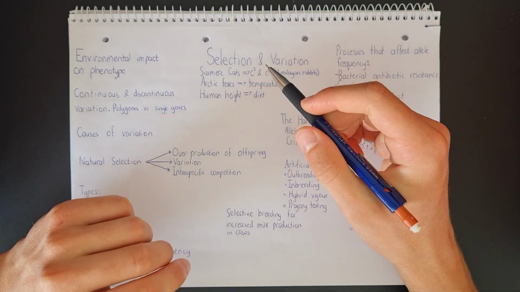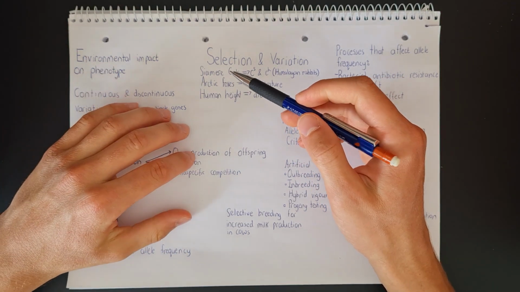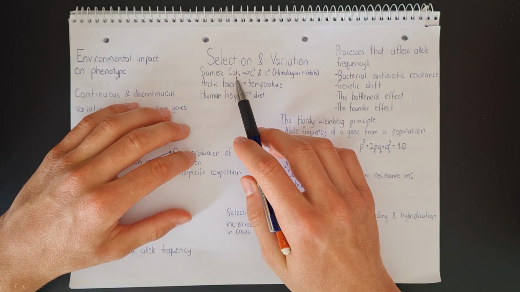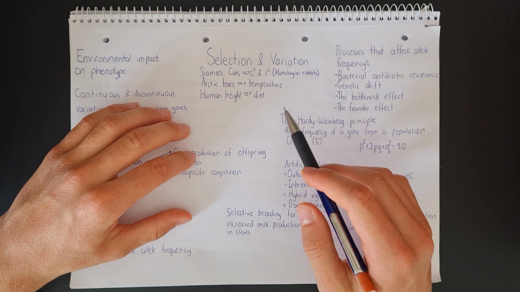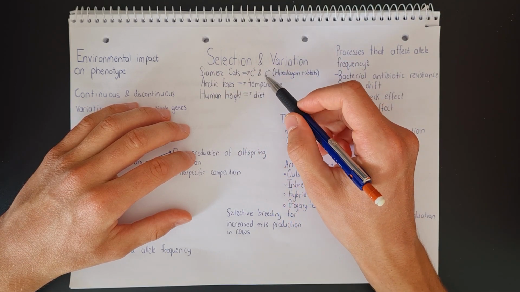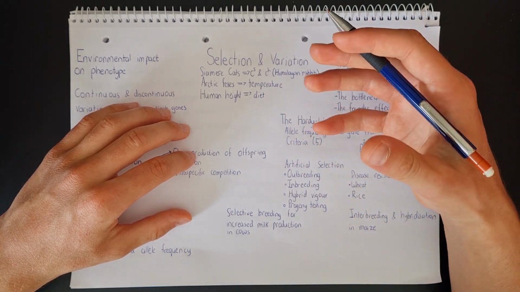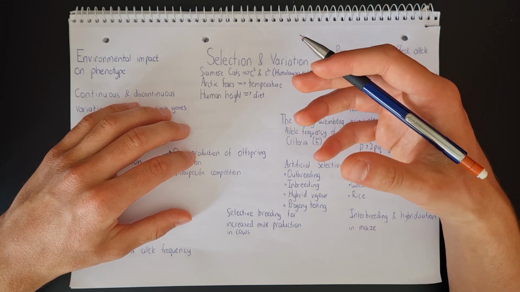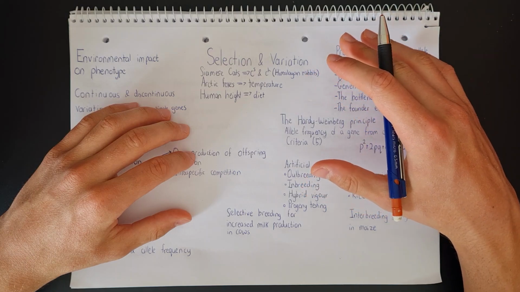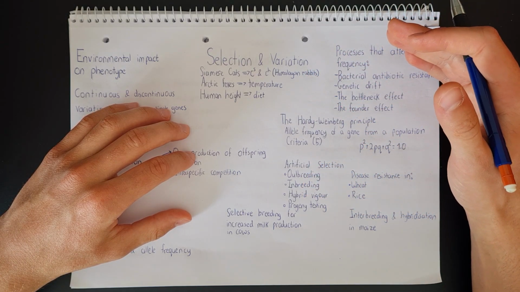Now, let's take a look at the environmental impact on phenotype with these three following examples. So in Siamese cats and Himalayan rabbits, the recessive allele CS in Siamese cats and CH in Himalayan rabbits codes for a heat-sensitive form of the enzyme tyrosinase, making it unable to function at temperatures greater than 33 degrees Celsius.